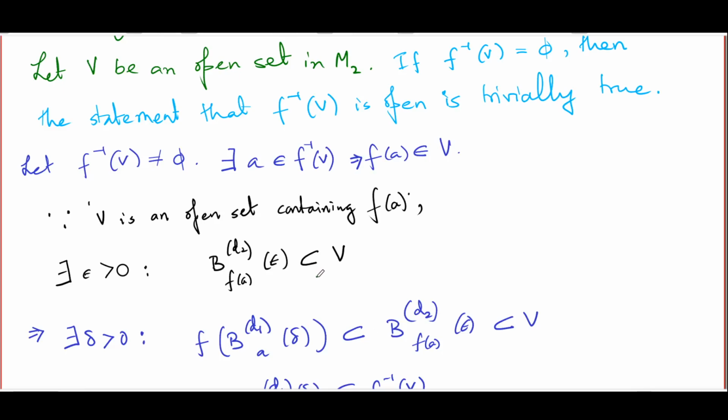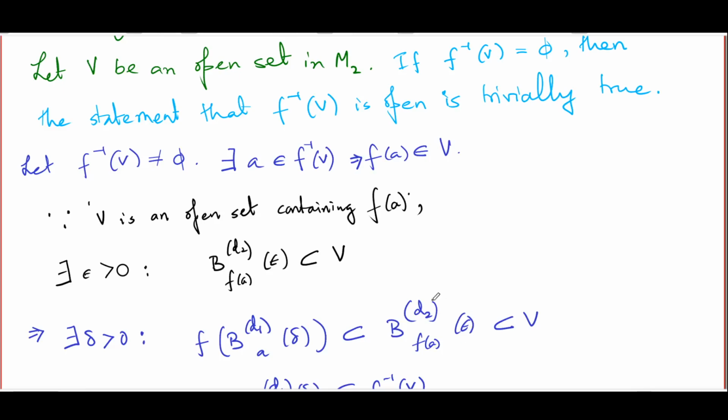Now, because the epsilon-delta definition is assumed to be in force, for any such positive epsilon, there has to be a positive delta which ensures that the delta ball centered around A maps under F entirely within the epsilon ball centered around Fa.